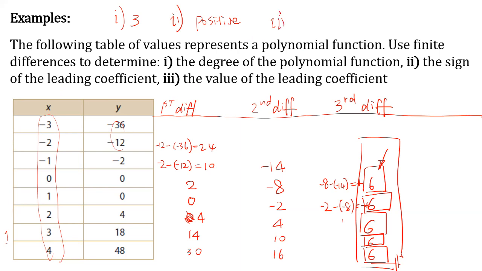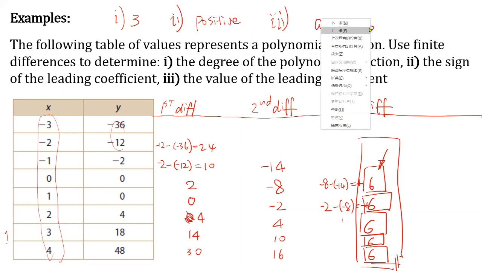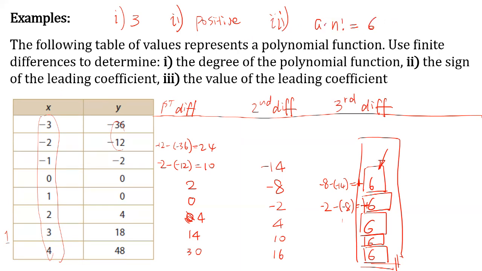Okay, next, the value of the leading coefficient. The value of the leading coefficient times n factorial equals the constant difference, right? The constant difference is 6. And we also know that n equals 3, right? So that means a times 3 factorial equals 6.